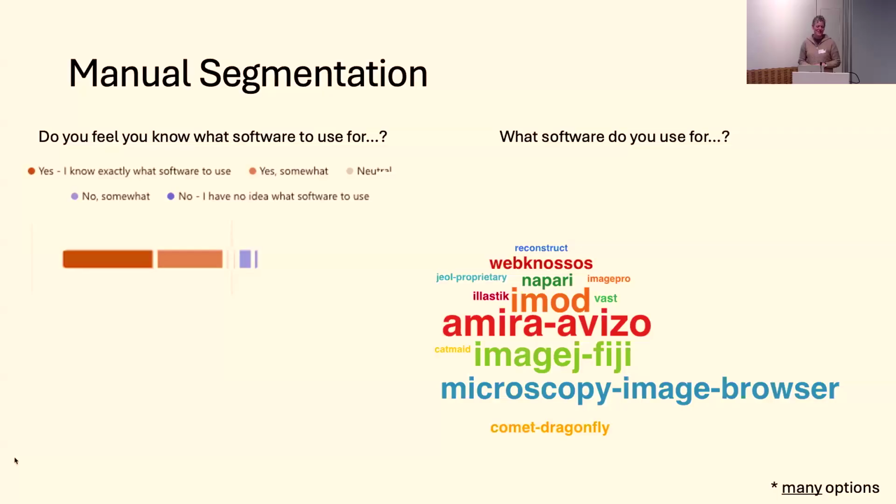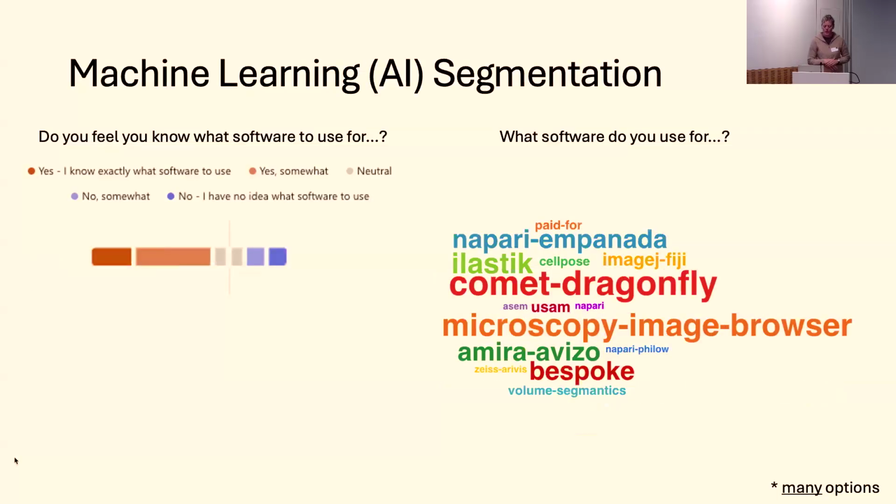Okay, so manual segmentation was a really interesting one because people felt strongly that they knew what software to use, but we still had a really broad range of software tools that are used across the field. And then when we moved into machine learning and AI segmentation, it's pretty similar and even broader.